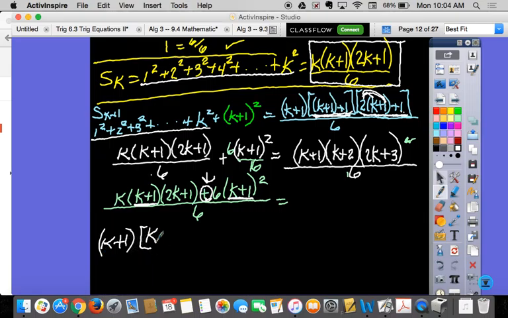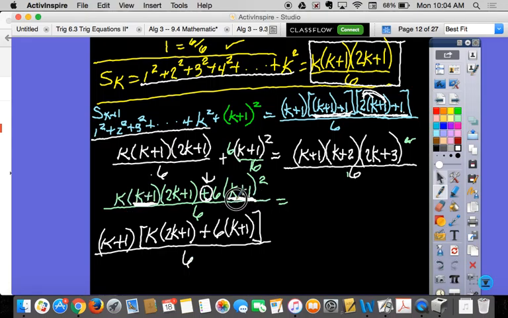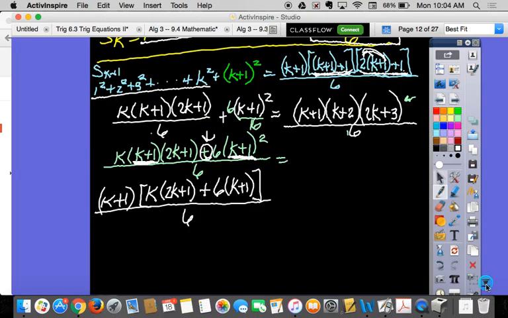That leaves k and 2k plus 1. Now on the other side I have plus, and then I'm going to have 6 k plus 1 all over 6. So you kind of have to hang on to your halo there, but we were factoring out the k plus 1s. You just factor it out like it's one great big term. You just factor out a binomial. No big deal. Okay, now we're still trying to get everything sorted out.